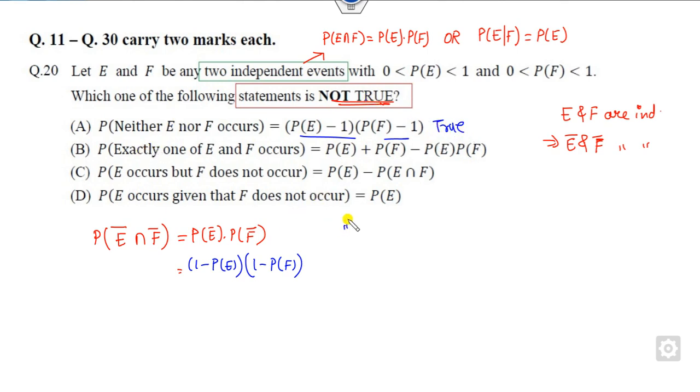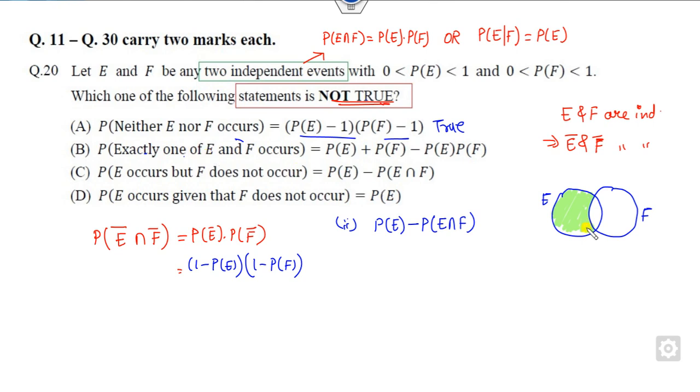The second part is the probability that either E or F occurs. What is the meaning of either E? Only this portion, only E. How can you write this portion? That is probability of E minus probability of the intersection.